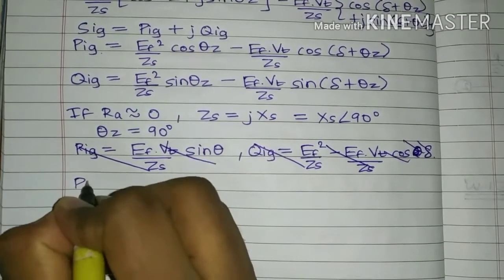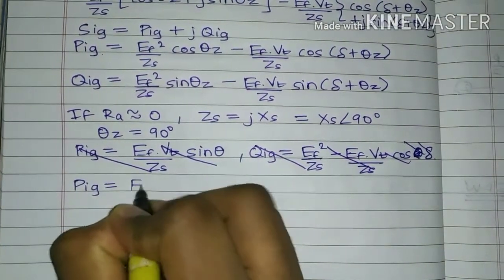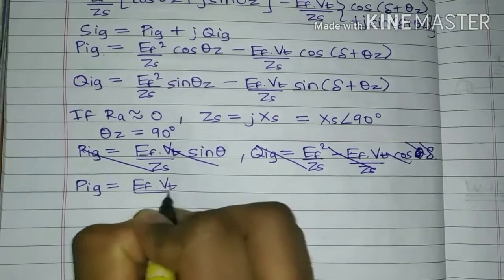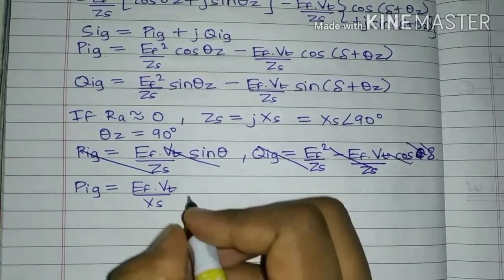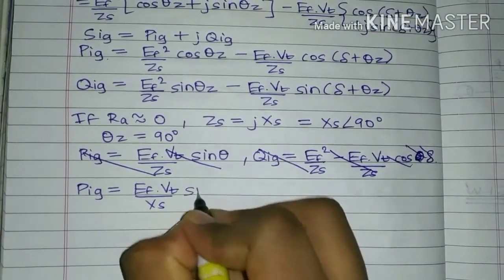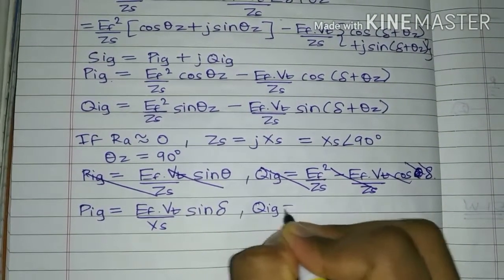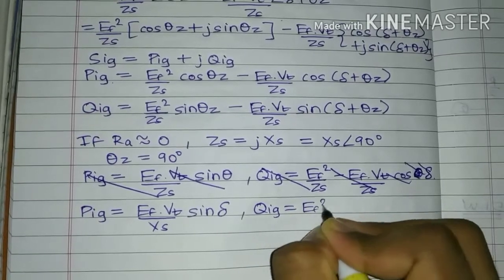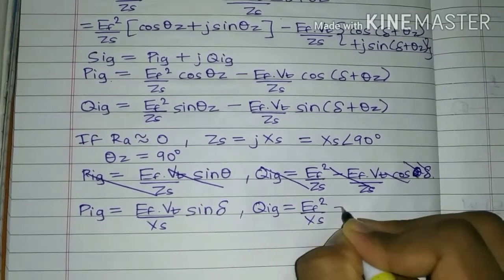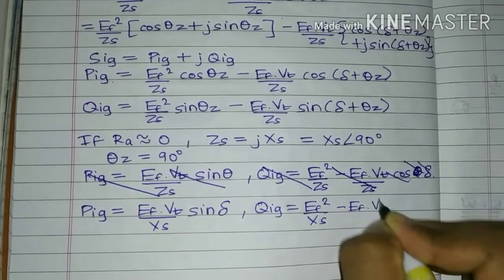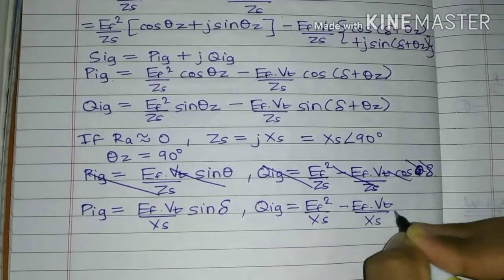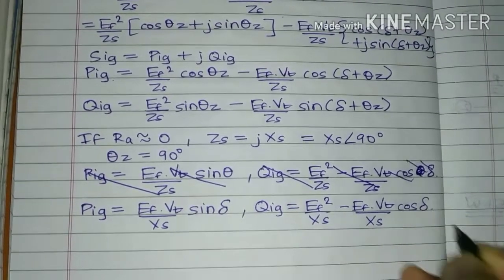So PIG is equal to EF into VT upon XS sine δ, and the reactive power QIG is equal to EF square upon XS minus EF into VT upon XS, since sine of 90 plus θ is cos θ, so it will be cos δ.